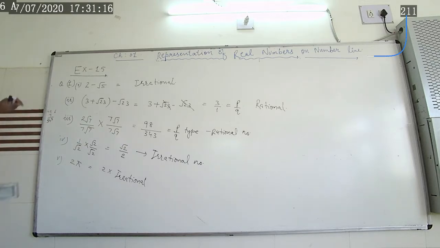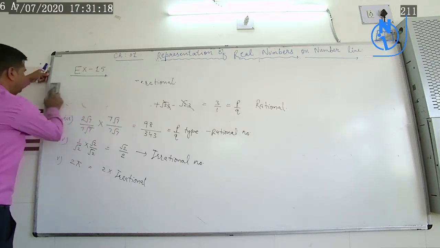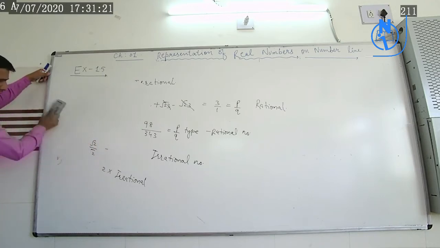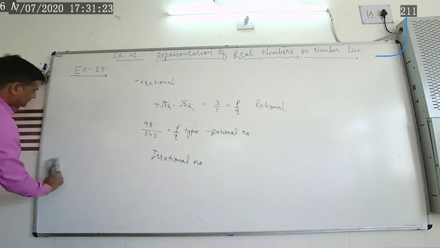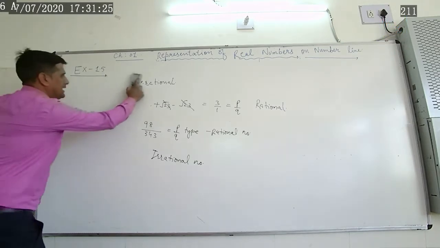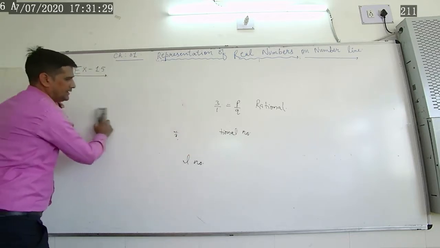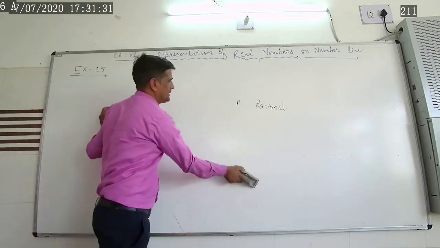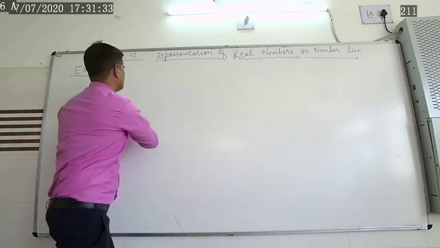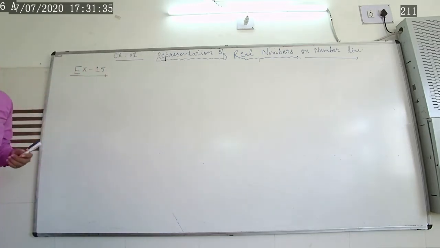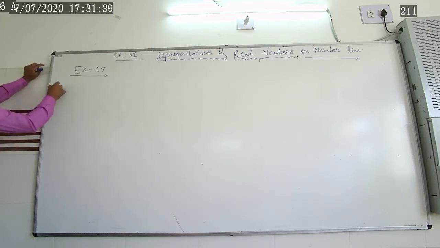But there are some rules, identities I have written down to solve question number 2. Some identities are given, so we can follow them very nicely. What's given? Some rules you can remember.